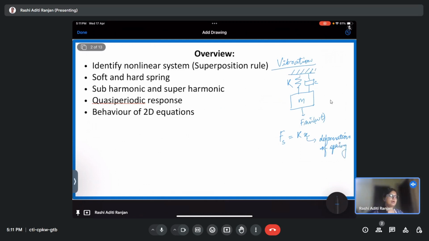Likewise, we assume that the force due to the dashpot is C into X dot. Here we assume the system is a linear system. Linear system means that the variation of input and output is linear, which means there exists a monotonic relation.